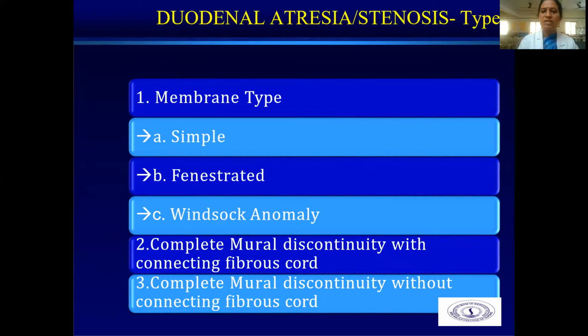The third one is complete mural discontinuity without connecting fibrous cord. So this is a very serious type. It leads to complications, so we have to diagnose the child urgently.